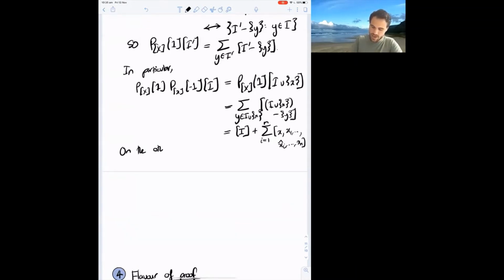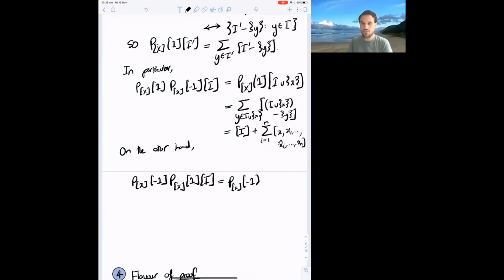So basically, on the other hand, we have something like: what happens if instead you subtract a point and then add a point? So if we first subtract a point, we get something that looks like this.